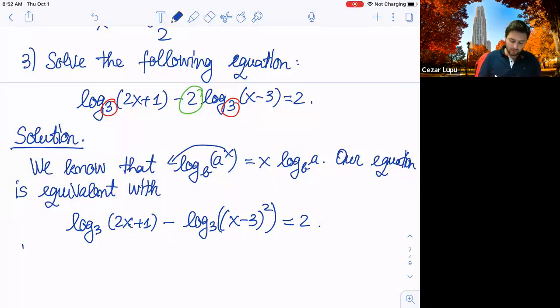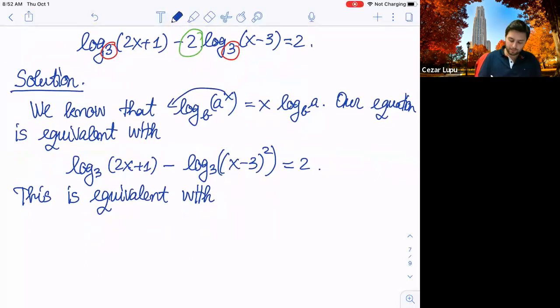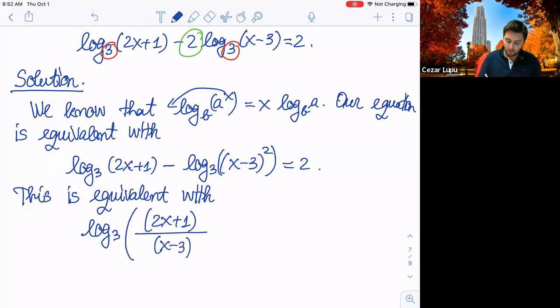So this will be equivalent with log in base 3 of (2x plus 1) everything over (x minus 3) squared, and this will be equal to 2. All right, so we reach all the way to this point. So what should we do here?